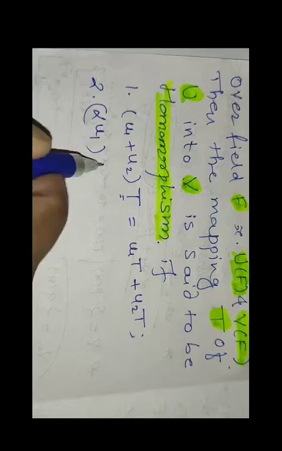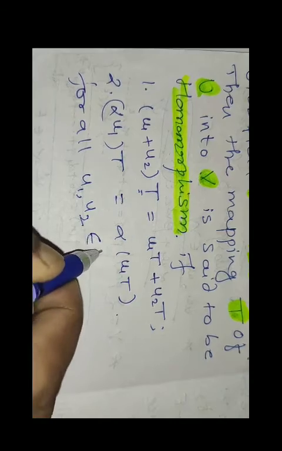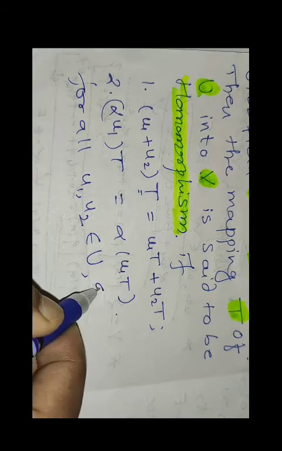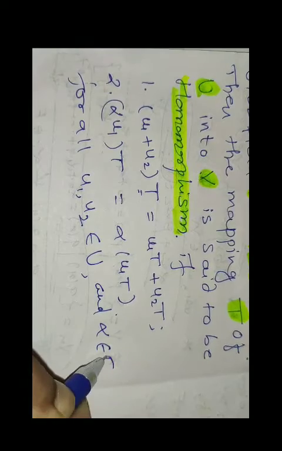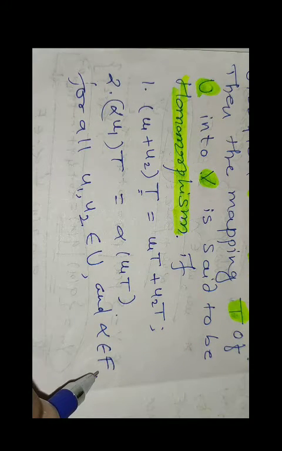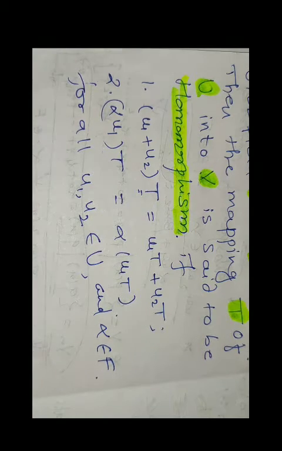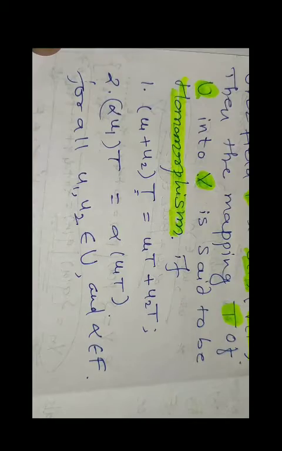And second, (alpha u1)T is equal to alpha (u1T) for all u1, u2 belonging to U and alpha must belong to field F. So let us revise it.